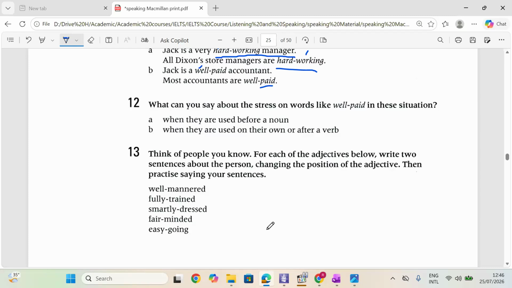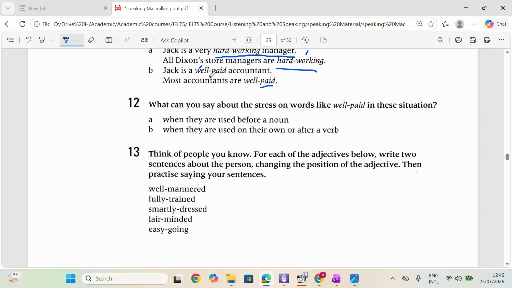So we should make some sentences based on these words? Yeah, make a sentence in which you use fair-minded, easygoing. If you can use the compound adjective in both positions, once as an adjective for a noun, then the same adjective without a noun in a predicate position, it's okay.